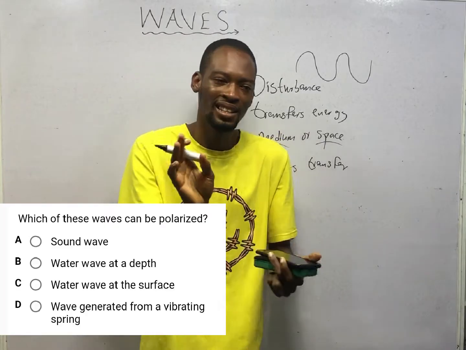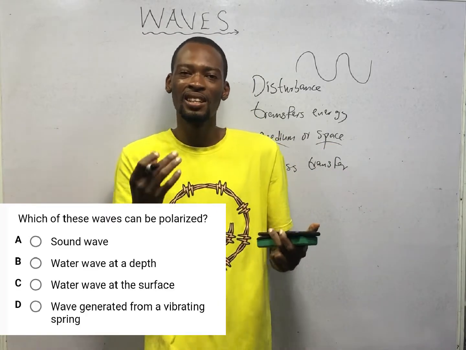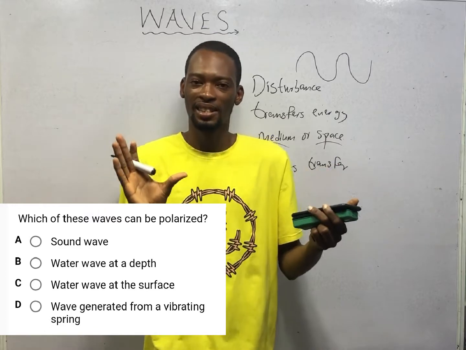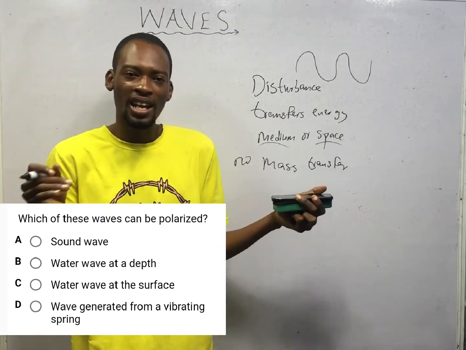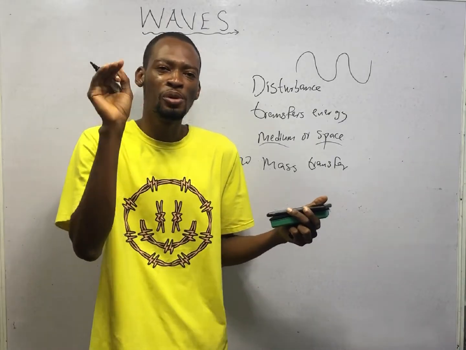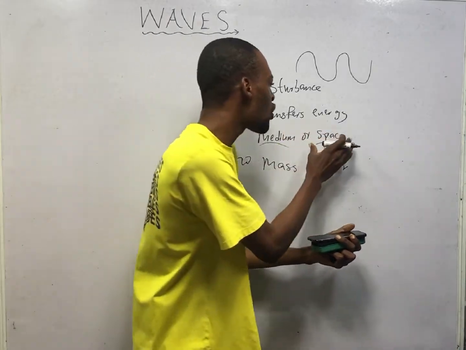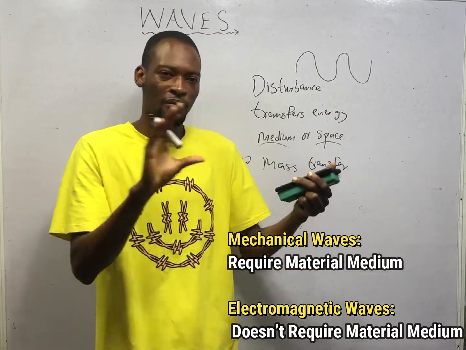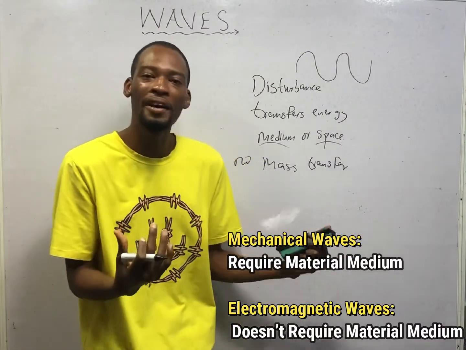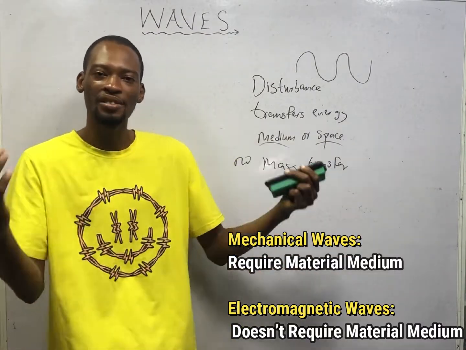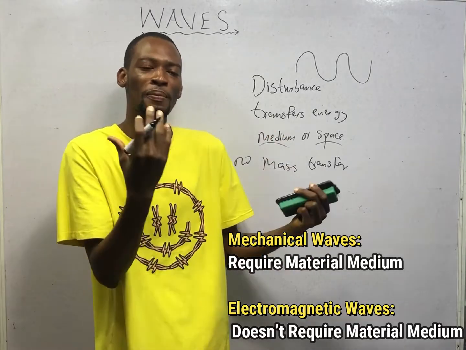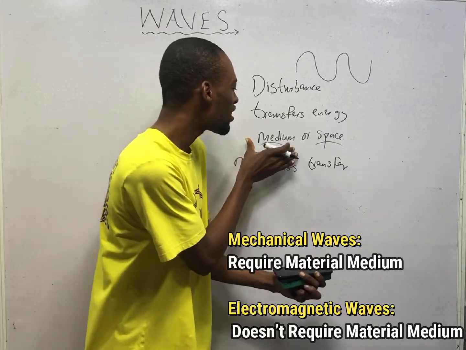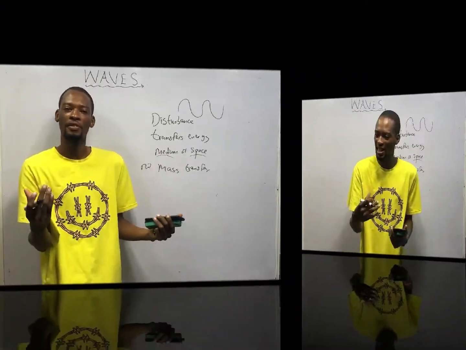Sound travels in air, water, solids. Without these materials, sound cannot travel. If you remove air from here, you will not be able to hear anything I'm saying. Now, some waves don't need a material medium, for example gamma rays, X-rays, light waves. The ones that need a medium to propagate are referred to as mechanical waves.